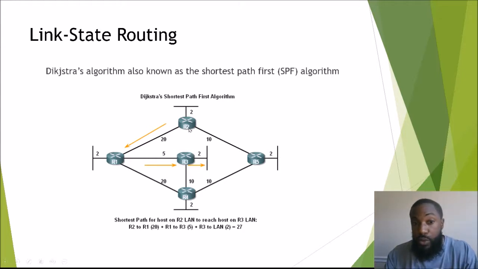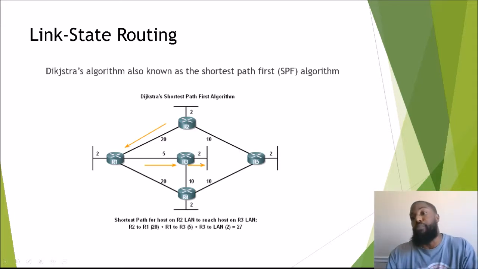That's router 2's local area network, and router 3's local area network is right here beside it. It determined the shortest path using this algorithm was going this way and that way. It could have gone this way, that way, and then that way, but obviously that's more hops, right? And it would probably cost more.